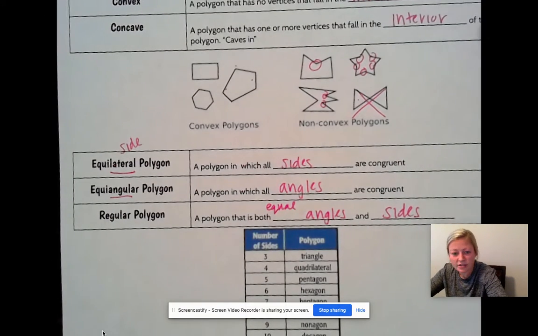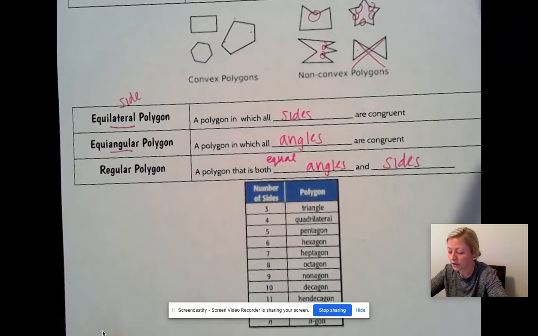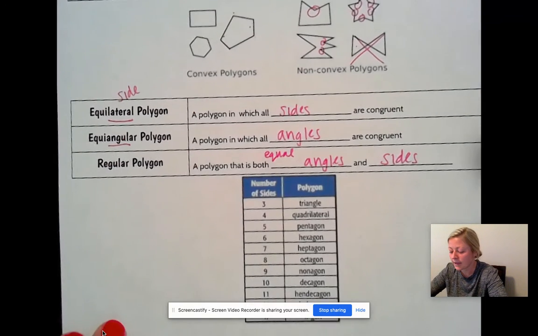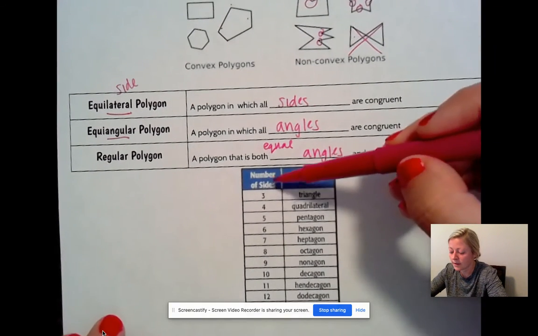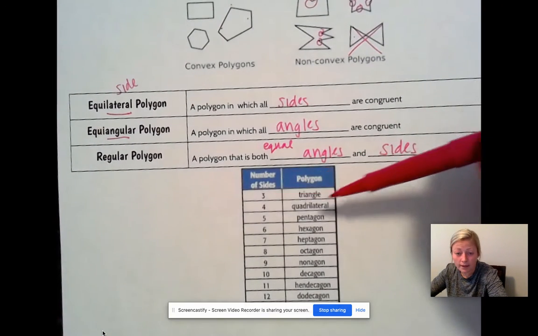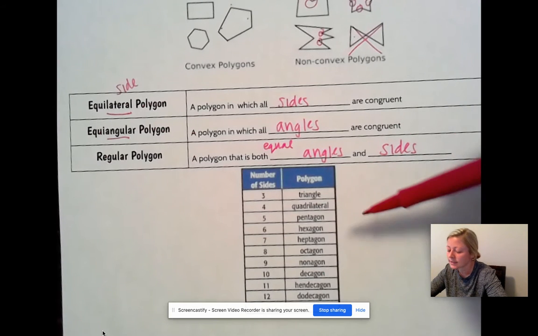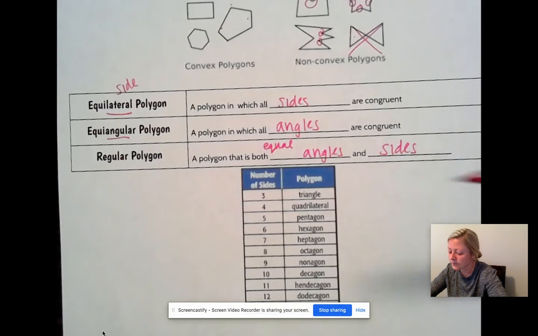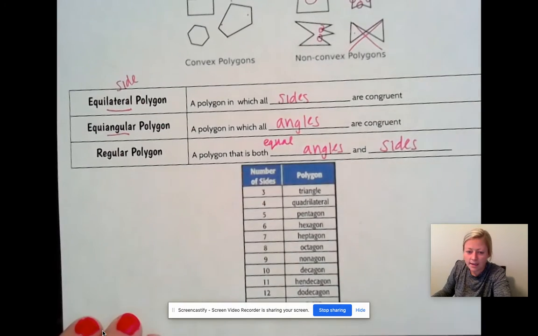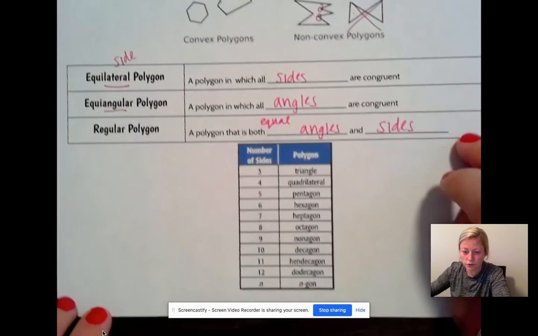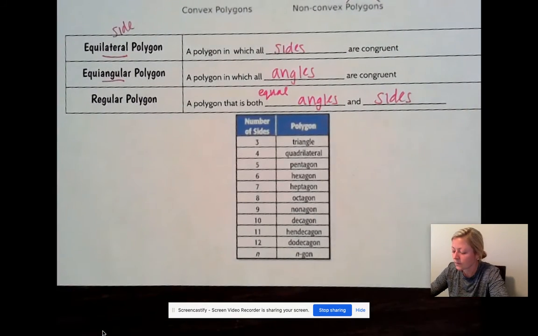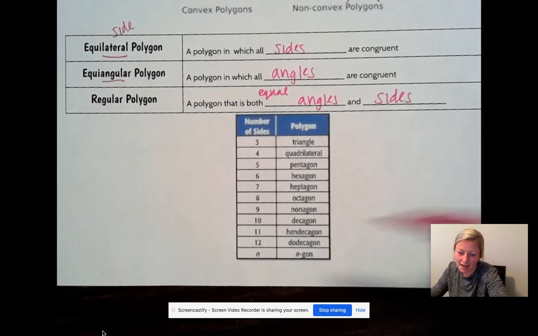I threw this little chart in your notes just so you have it. I think you know that a 3-sided figure is called a triangle, a 4-sided figure is a quadrilateral, 5 is a pentagon, hexagon, and so on. After 12, we don't really have a name for those.